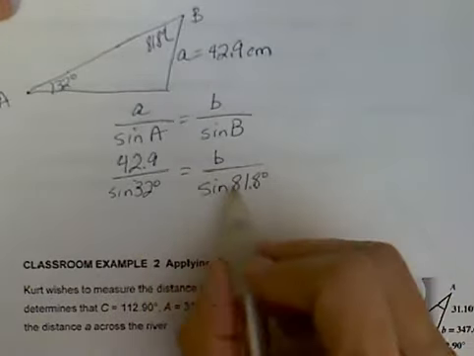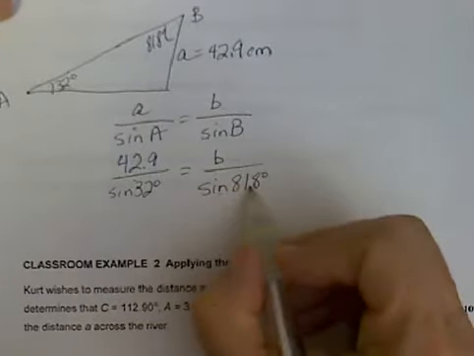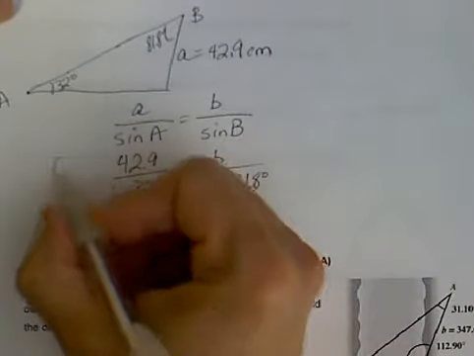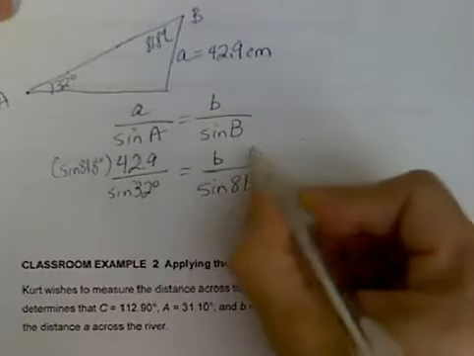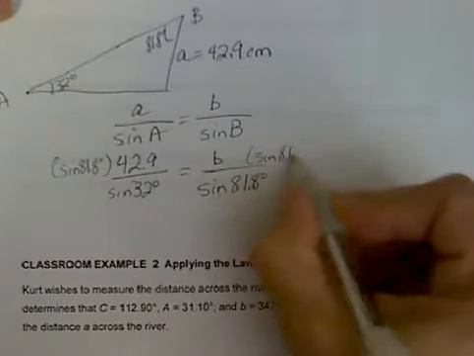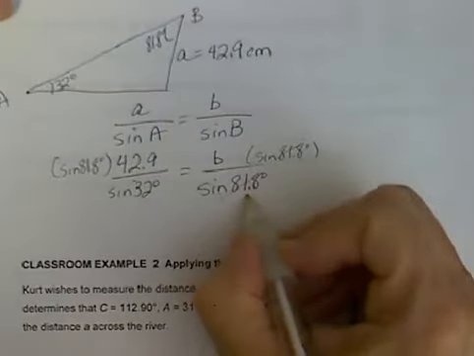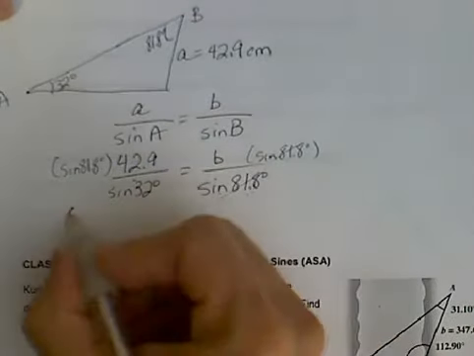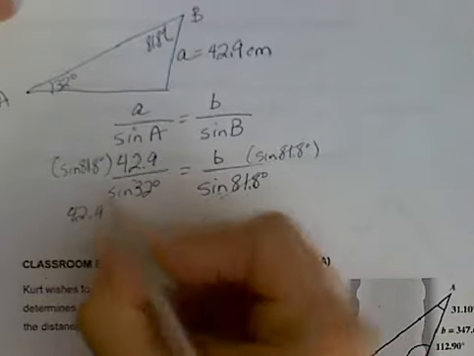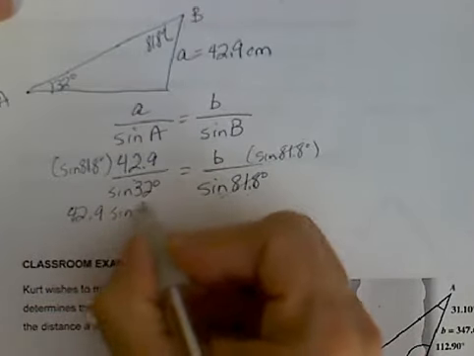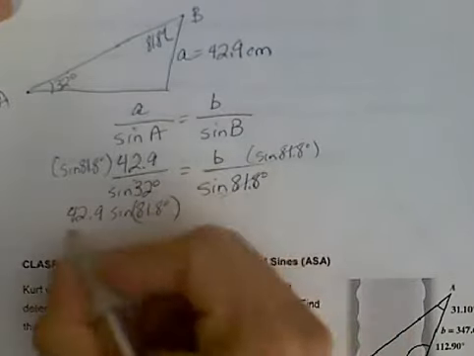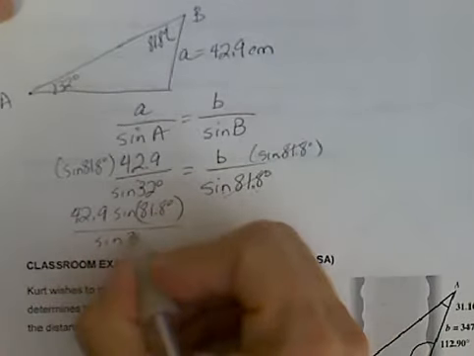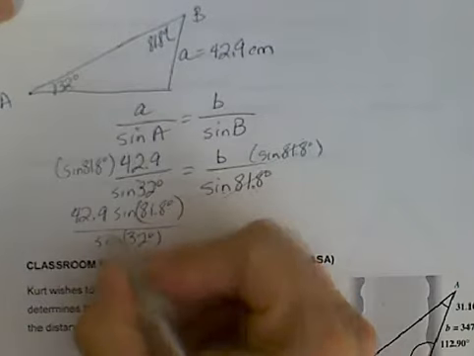The other way I could think about solving this is just multiplying both sides by the sine of 81.8. Those two cancel out on that side, and that will give me B. What I'm going to put in my calculator is 42.9 times the sine of 81.8 degrees divided by the sine of 32 degrees.